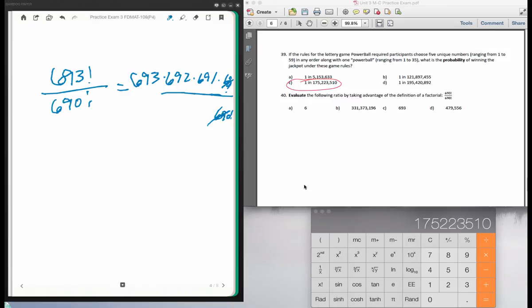Those cancel out, and I'm left with 693 times 692 times 691, or that number right there. So B happens to be the correct answer by taking advantage of that ratio.